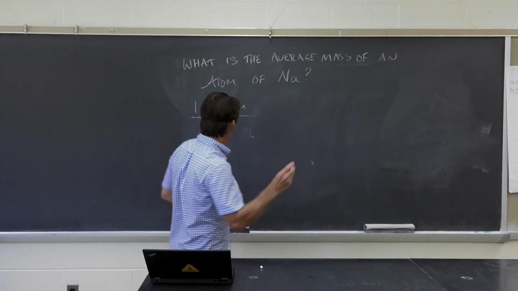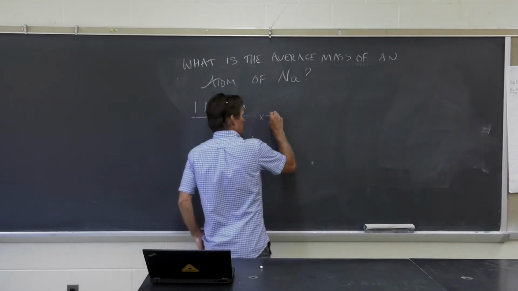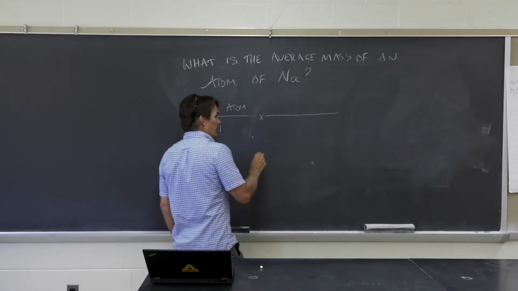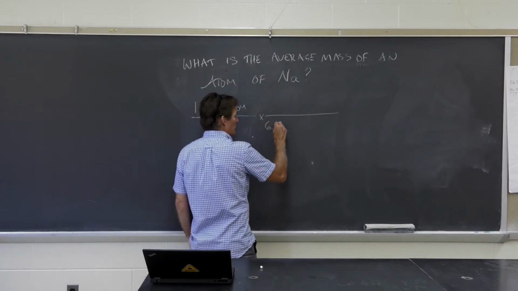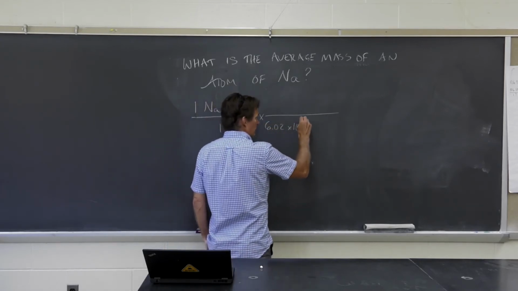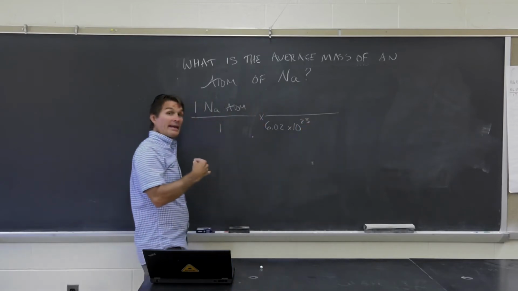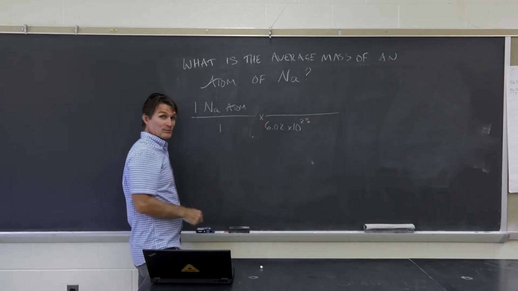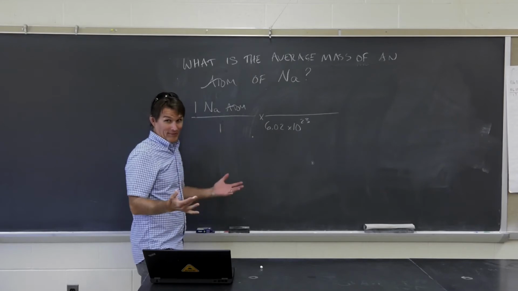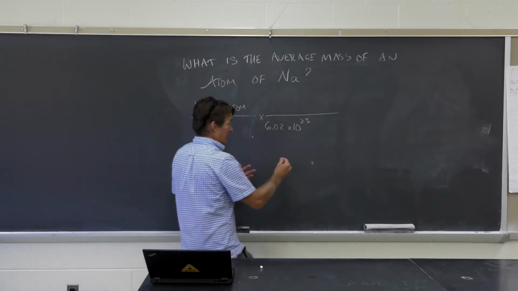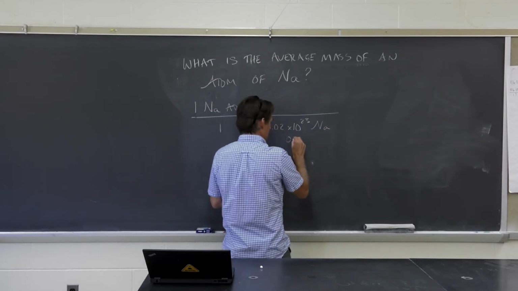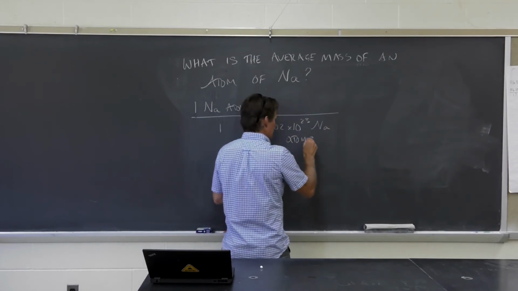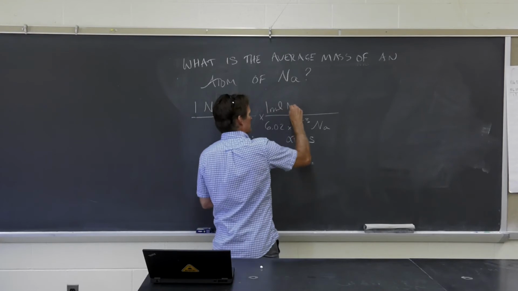I know that 6.02 times 10 to the 23rd of anything, sodium atoms, marshmallows, if you could have that many marshmallows, but nevertheless, this many sodium atoms is 1 mole of sodium atoms.